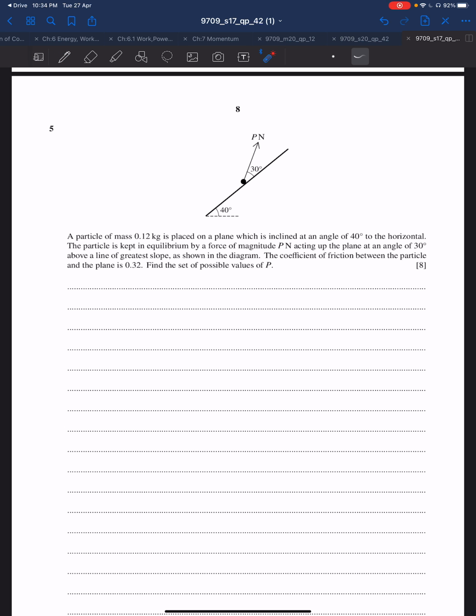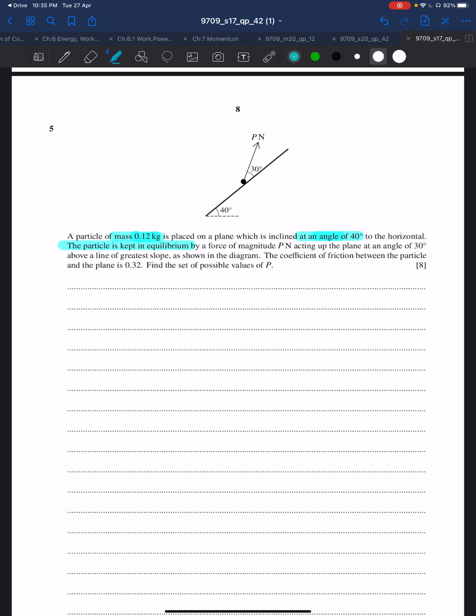A particle of mass 0.12 kg is placed on a plane which is inclined at an angle of 40 degrees to the horizontal. The particle is kept in equilibrium. This is really very important.